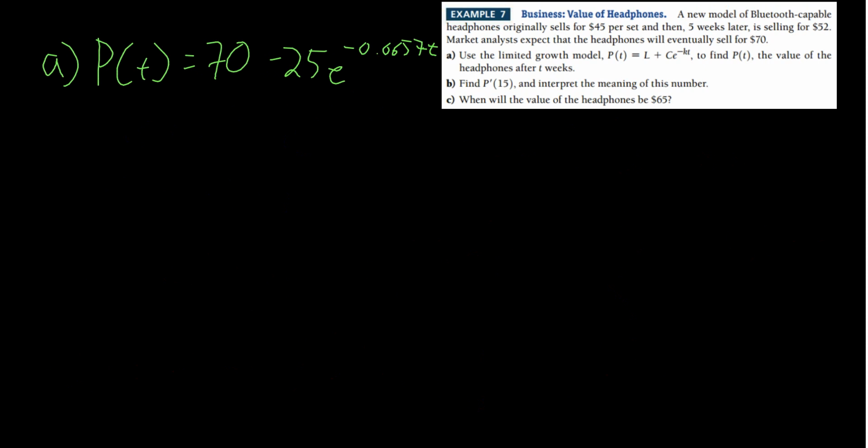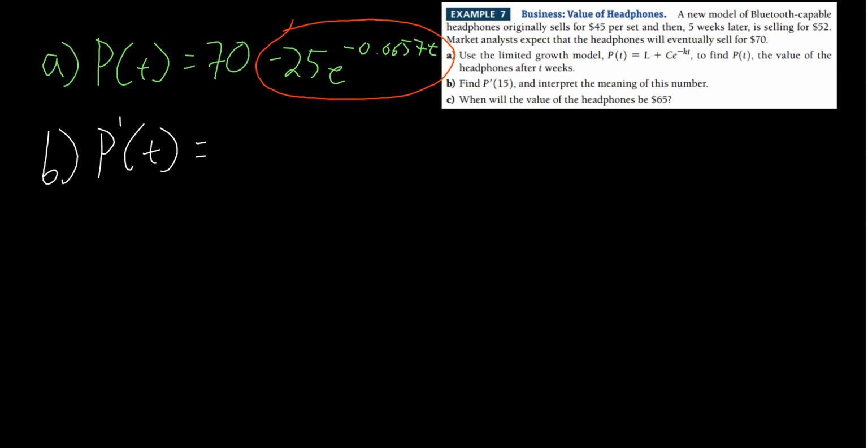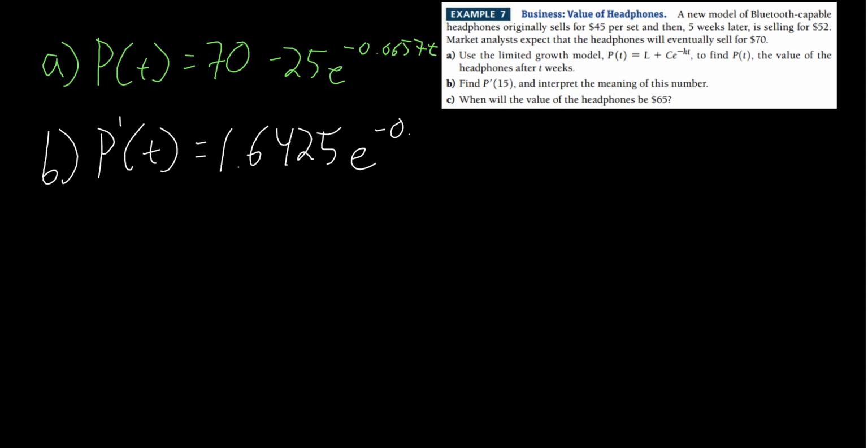B, find P prime of 15. So all we have to do is differentiate this and plug 15 in for T. Well, P prime is going to be, the 70 doesn't matter, so I'm just going to take the derivative of the second part, and that gets me 0.0657 times 25, so we end up with a positive 1.6425 e to the negative 0.0657 T. That's P prime.